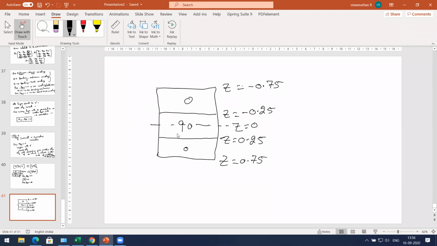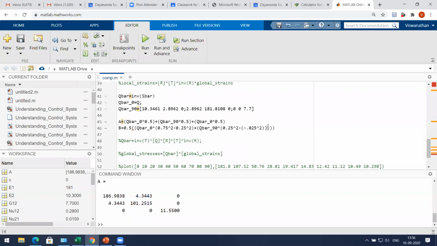For this 90-degree layer, it is 0.25 square minus of minus 0.25 square. Okay, so that's according to the formula.